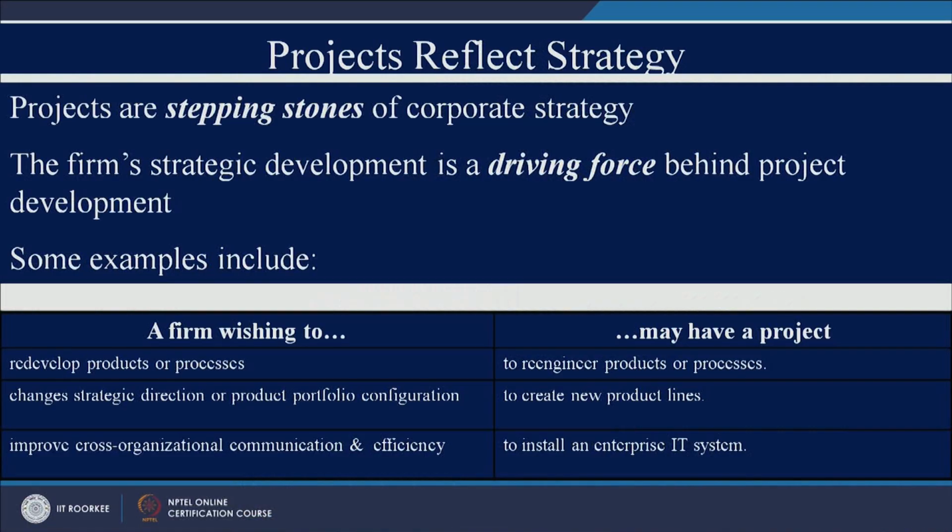So, these kinds of projects will help in reducing waste. Let us say if a firm wishes to redevelop products or processes, what kind of project should it take? It should take projects related to re-engineering, or let us call them business process re-engineering projects. Let us say if a firm wants to improve cross organizational communication and efficiency, what kind of project should it take? It should take projects related to IT systems.